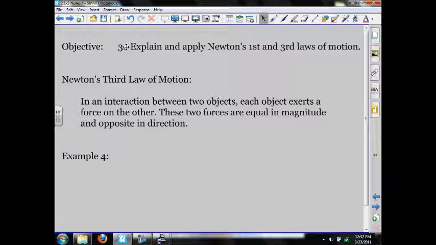You're right. Forces occur in pairs, equal in magnitude, opposite direction.